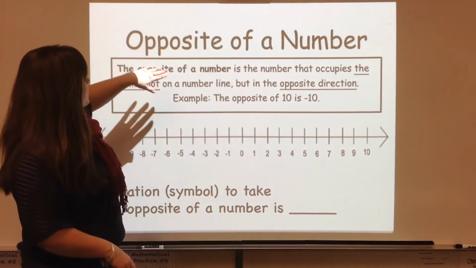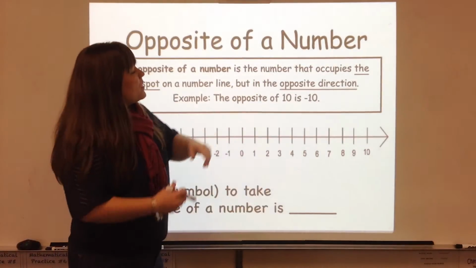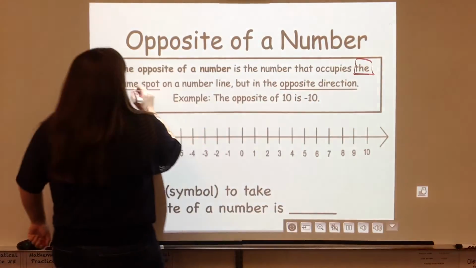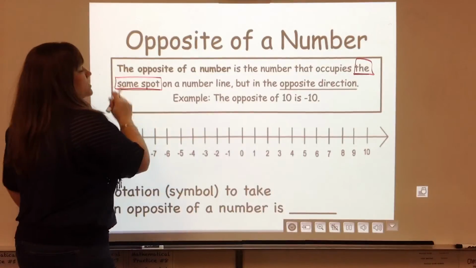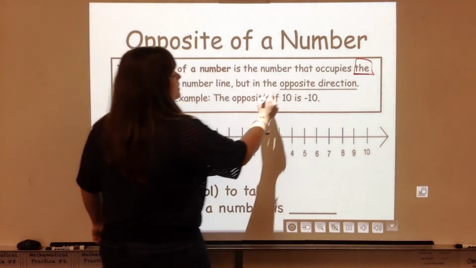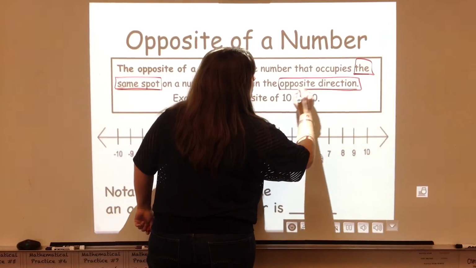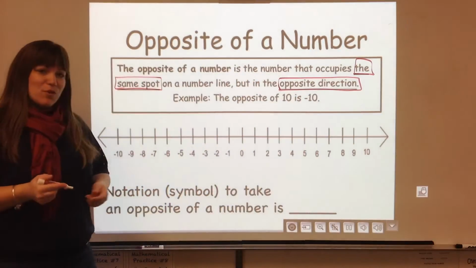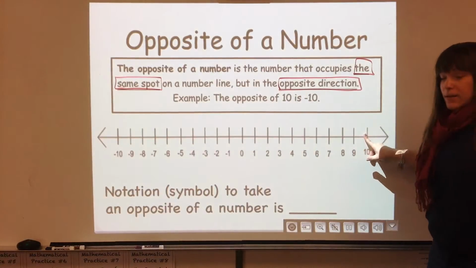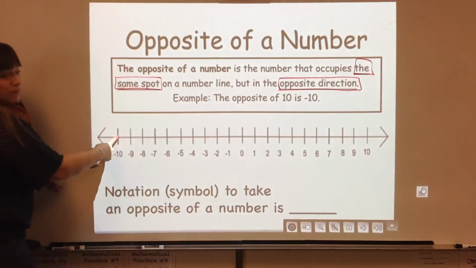So the opposite of a number is the number that occupies, and I want you to put a box around what I've underlined, the same spot on a number line but in the opposite direction. So an example, the opposite of 10 is negative 10.